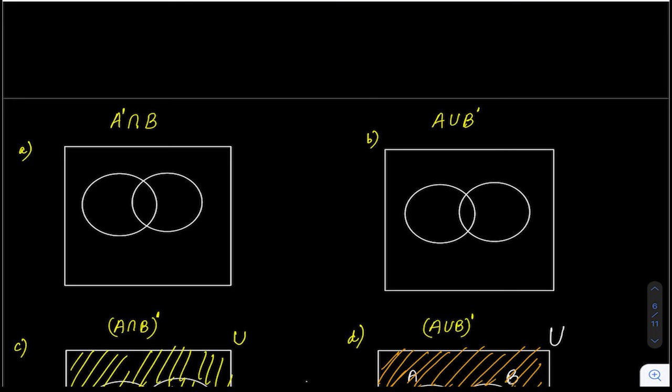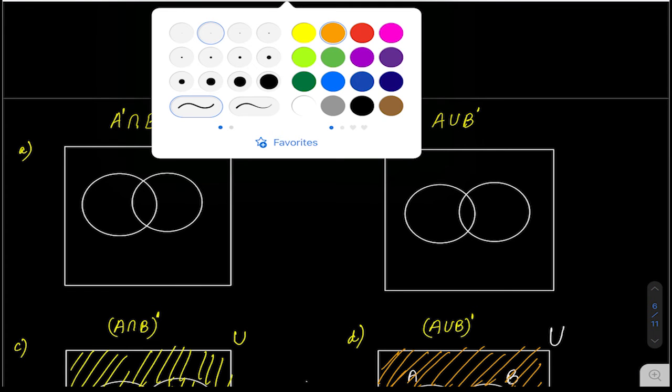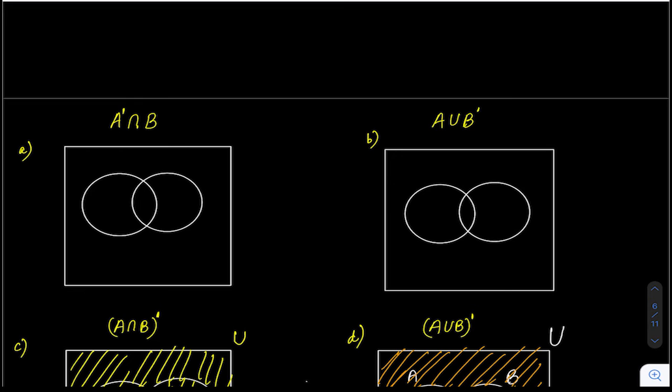Next, let's look at A union B complement, sorry, A union not B. Now we know union means or. So it means all elements that are in A, all elements that are in B complement, and all elements that are in both. First we look at all the part that is in A. A is this circle, so this will come.